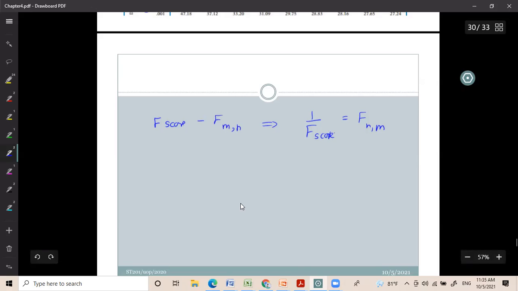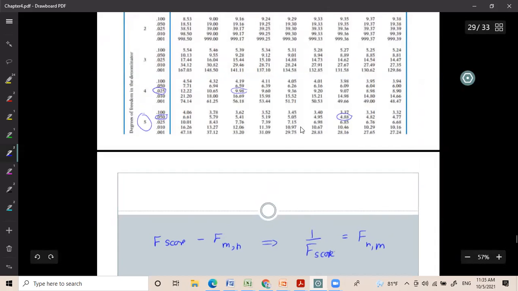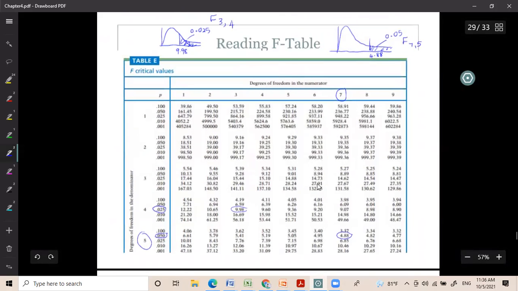So you can try that later with this table. That is one nice property about the F distribution. You will use this table a lot in future courses. In this course we are only introducing it.